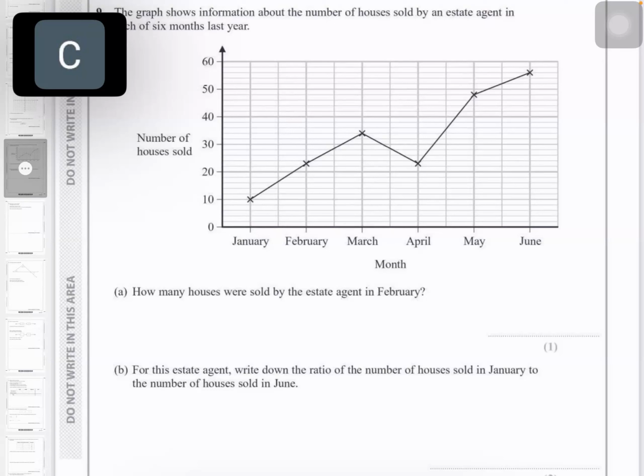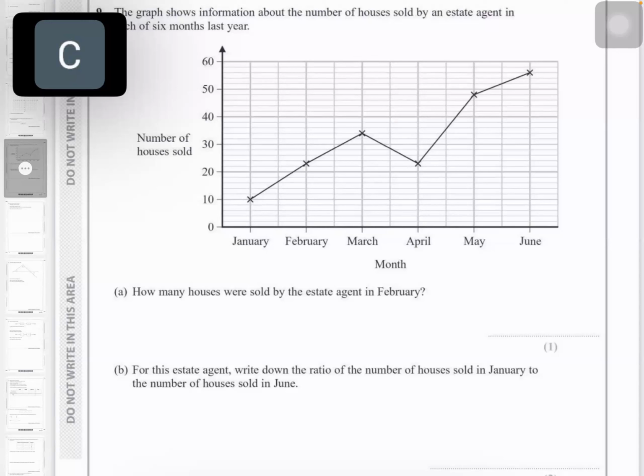What next? It says for this estate agent, write down the ratio of the number of houses sold in January to the number of houses sold in June. Okay, January is quite straightforward. January is 10. June is what's that? Sorry, not 26. 56.